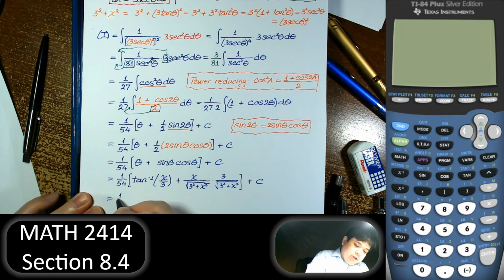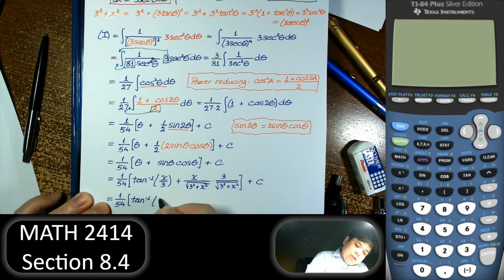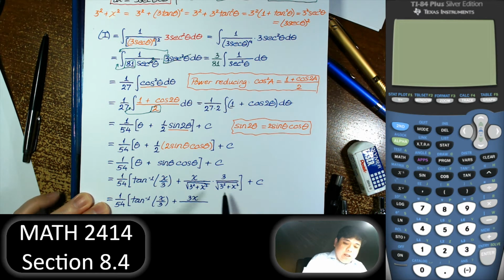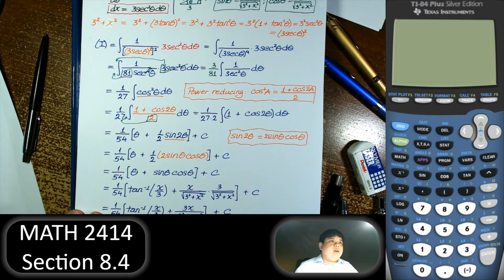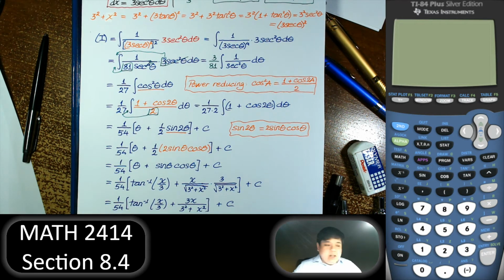That is 1 over 54 tangent inverse of x over 3, plus 3x on the top, and multiply the bottom. Square root and square root give us a square, so we just have 3 squared plus x squared, plus c. Right, so that's what we have.